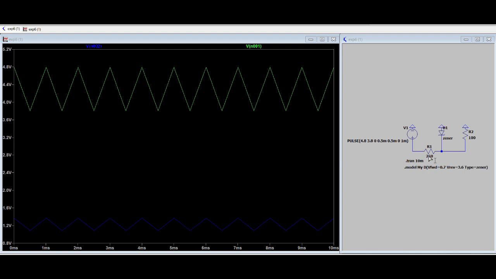Now set the parameters. The series resistance is set to 250 ohms and the Zener diode breakdown voltage is set to 3.6 volts. And this load resistance is varied from 100 ohms to 10 kilo ohms. Now this is our output waveform, which is in blue lines.